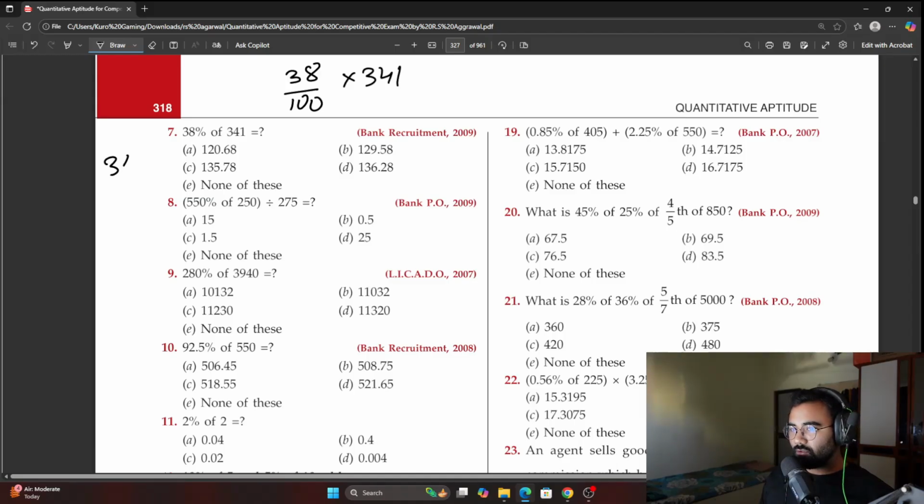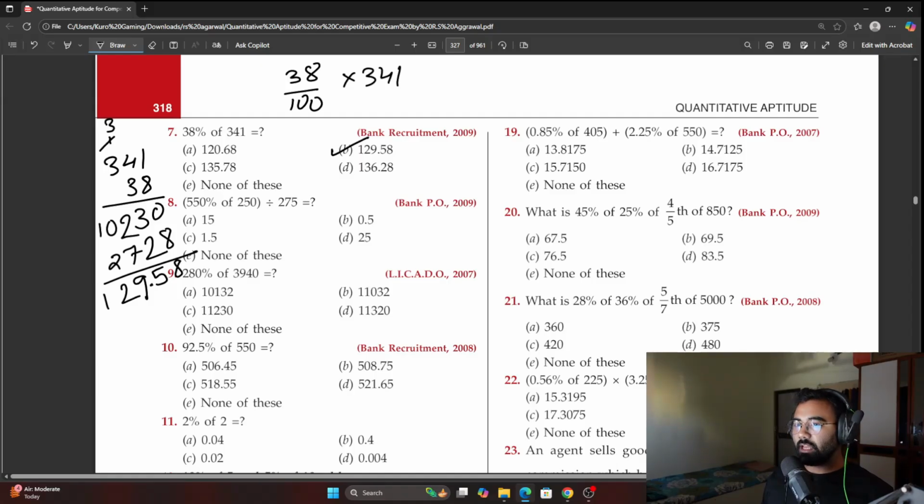Okay, let me just do that. 341 times 38. 8 ones are 8, 8 4s are 32, 8 3s are 24, 24 plus 3, 27. So this gives you 12958, and then we have 100 in the denominator, so you add 2 decimals, so 129.58.